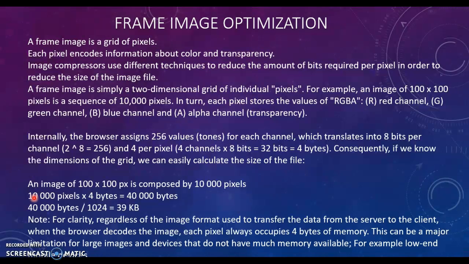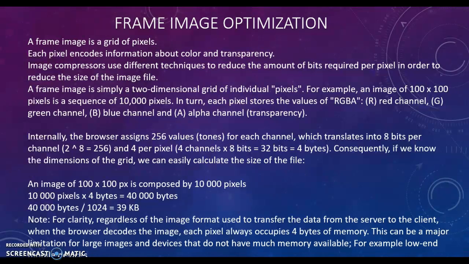For example, an image of 100 by 100 pixels is composed of 10,000 pixels, and subsequently we have this example. For clarity, regardless of the image format used to transfer the data from the server to the client, when the browser decodes the image, each pixel always occupies 4 bytes of memory.